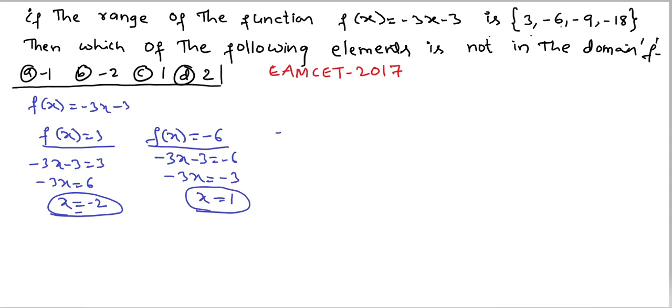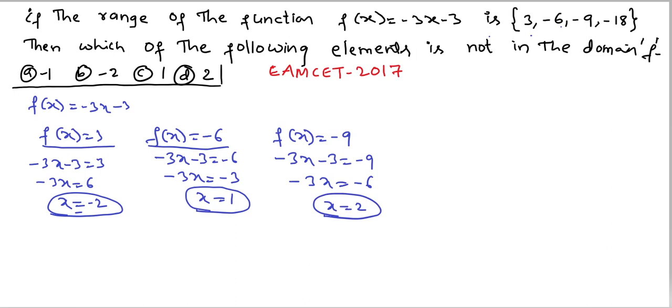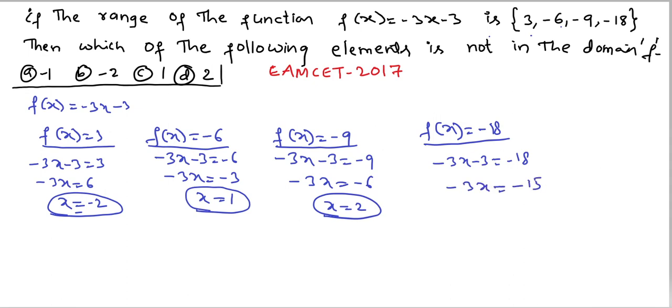Let us take f(x) = −9. −3x − 3 = −9, so −3x = −9 + 3, that is −6, so x = 2. And let us take f(x) = −18. −3x − 3 = −18, so −3x = −15. Therefore x = 5.